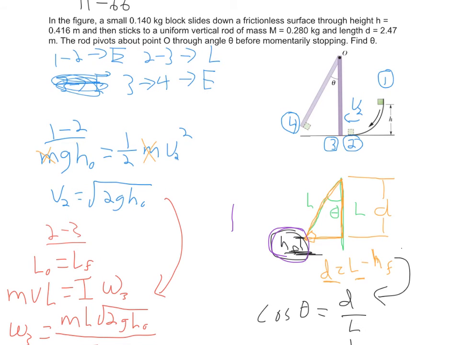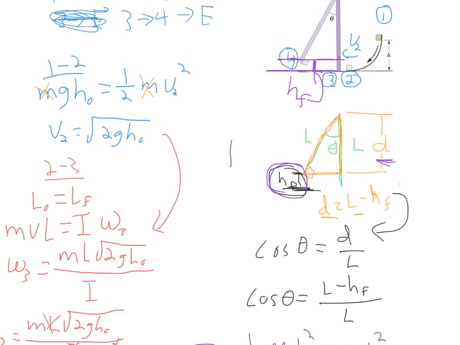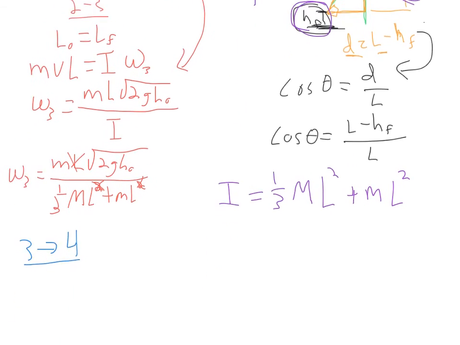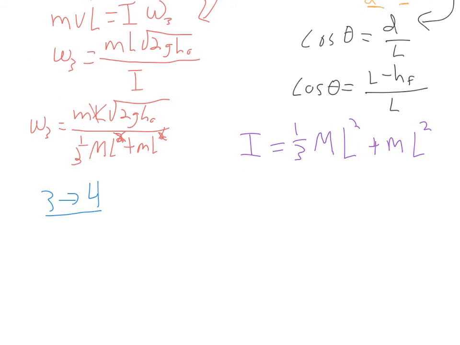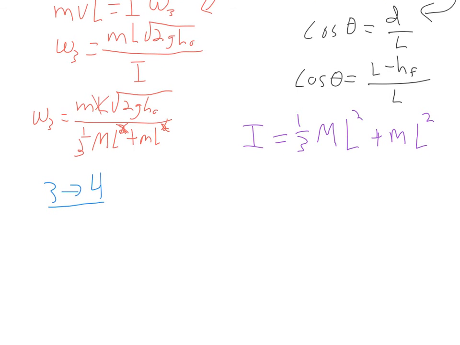That H value is this height, the difference between this location where our block ends and this location where it started. So this distance here, that is our H final that we're trying to find. And we need that in order to find this D value over here. So, let's figure that out. I keep saying D value, and it makes me think of decreasing the value. I'm devaluing this problem. No, anyway, sorry. So, let's go ahead and look at this.